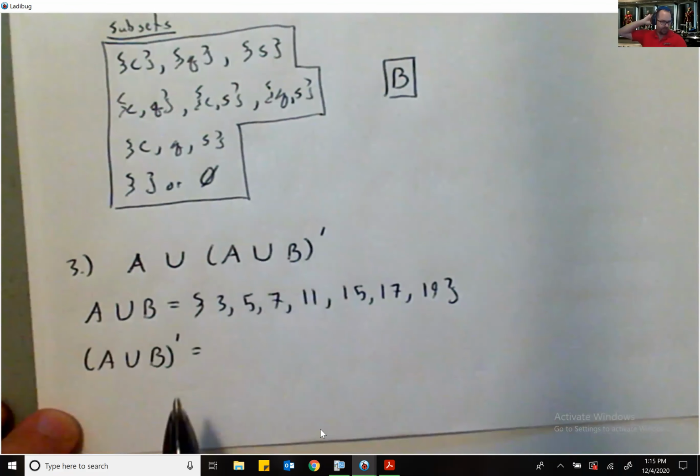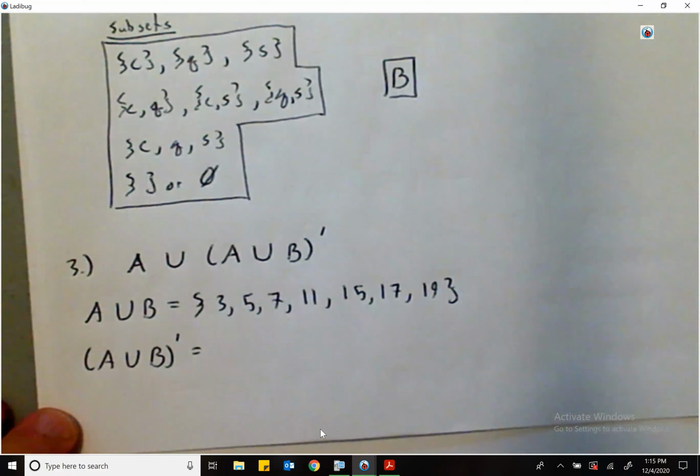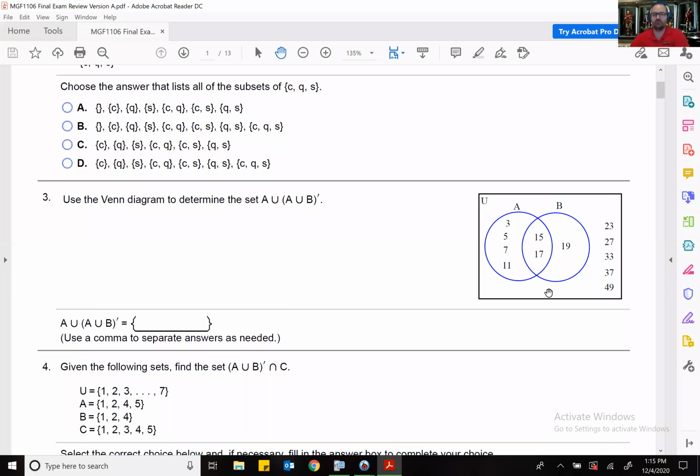What does complement mean? Everything not in it, everything outside of the set. Correct. So give me everything outside my two circles. 23, 27, 33, 37, 49.